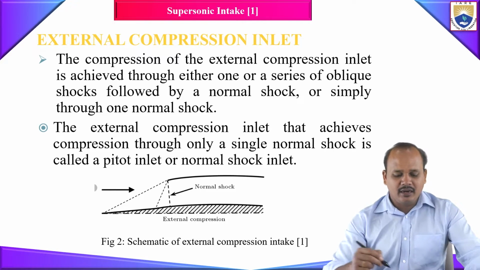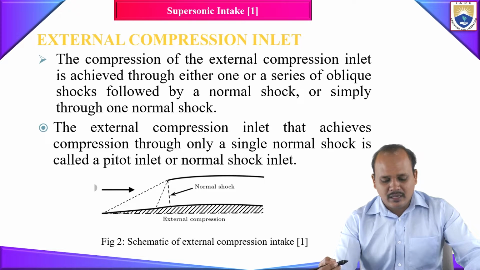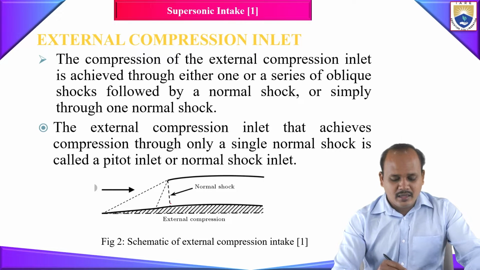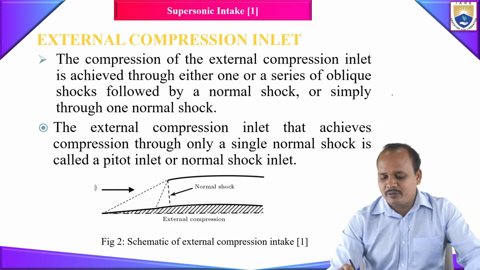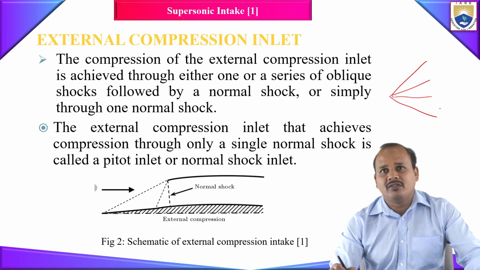So how does this compression happen? Similar to the previous case, rather than having a pit out type intake, we will have a spike. When the spike is present in a supersonic flow, you will have oblique shock wave formation.